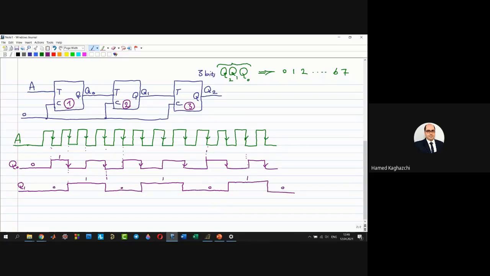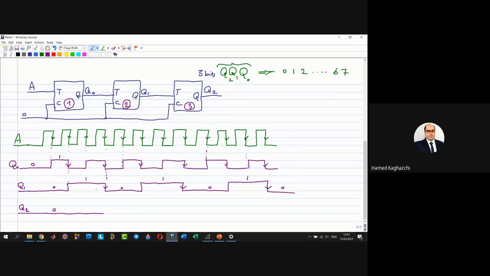Now, this Q1 signal is the input of the third flip-flop. I want to draw the Q2 signal. I learned that my output will change. From here up to here, my Q2 will stay at the 0 state.